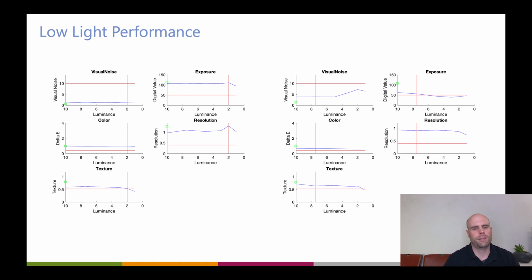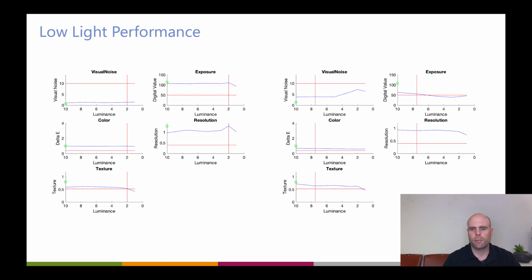And you see that that device actually has a low light performance of 2 lux because at 1 lux, the texture falls below the threshold. So that means at 1 lux, the texture loss is not acceptable anymore. So that's why the performance is 2 lux.